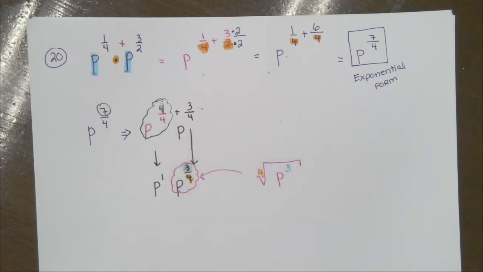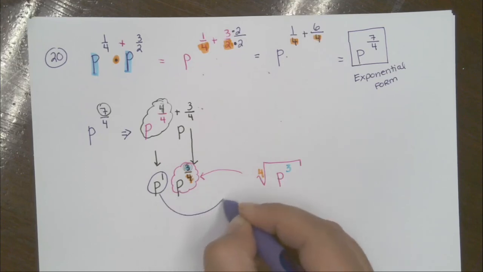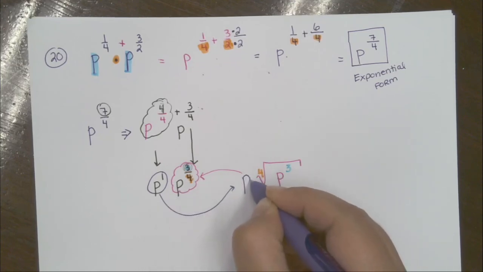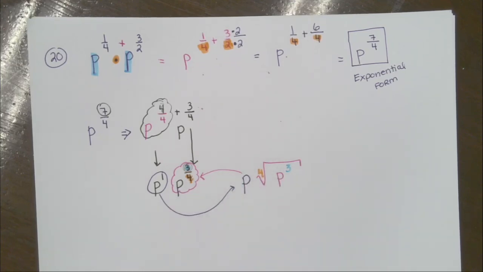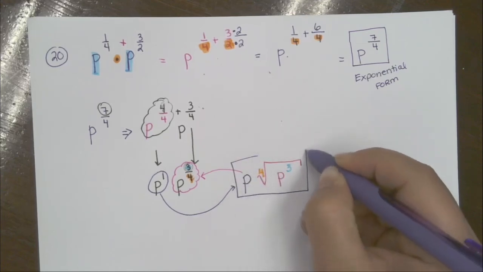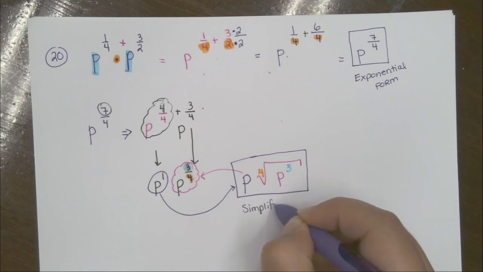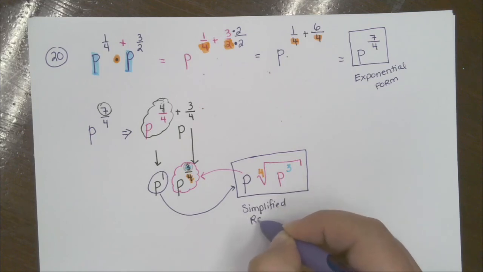However, we still have this random P right here that we simplified because it does not have a fraction attached to it. You place it on the outside of the radical. So this right here in this box is your simplified radical form.